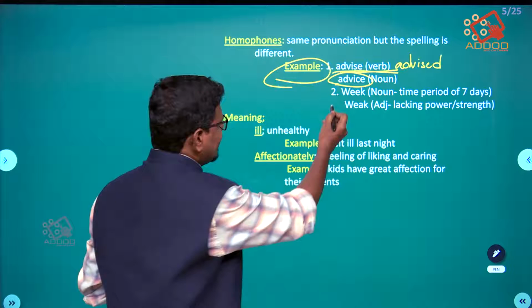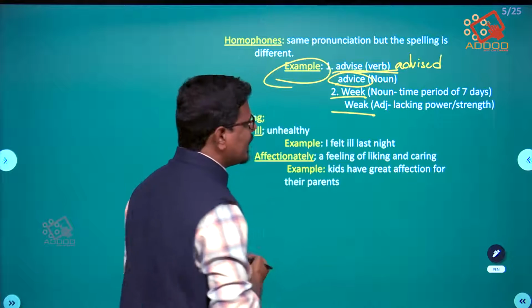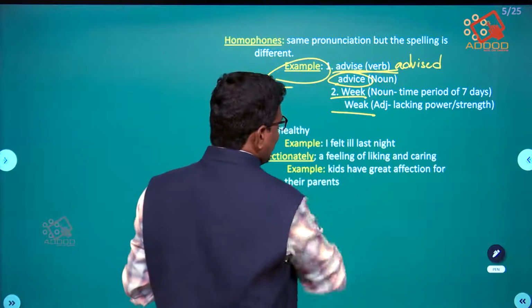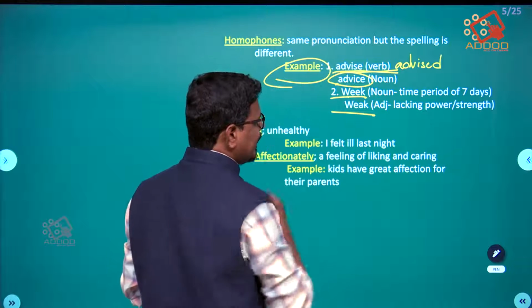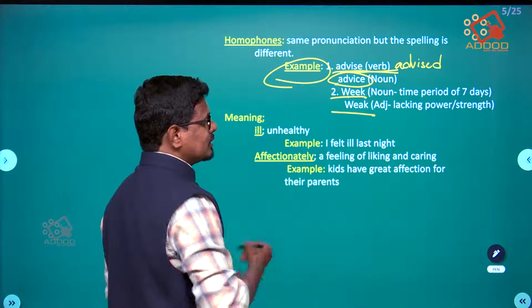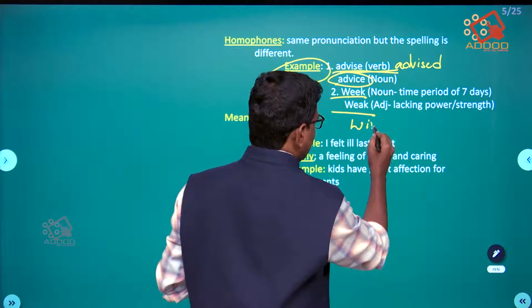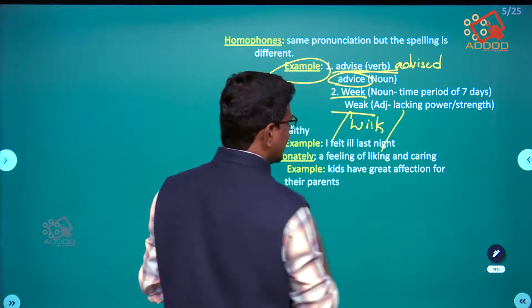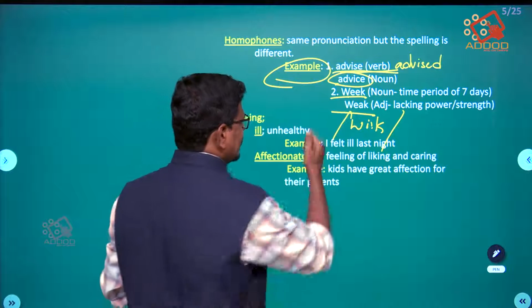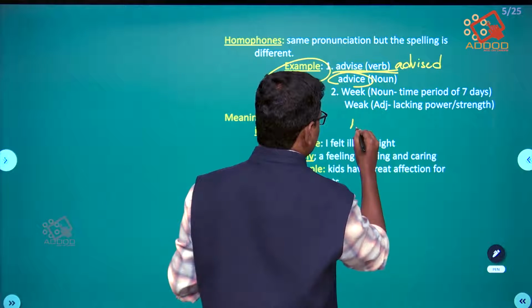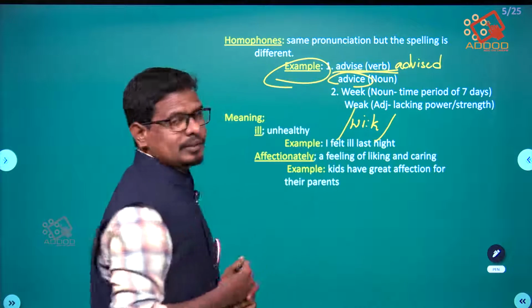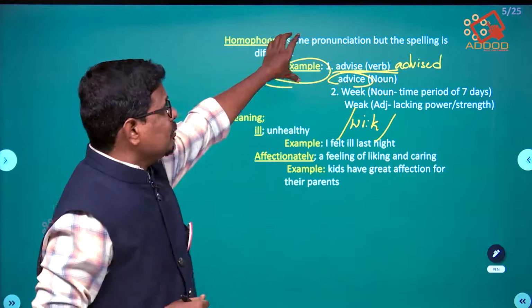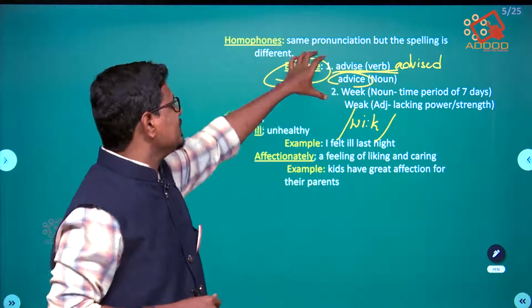We also have another word, week, with double E, the time period of 7 days, whereas weak, with EA, means lacking strength. The pronunciation is the same, the spelling is different.